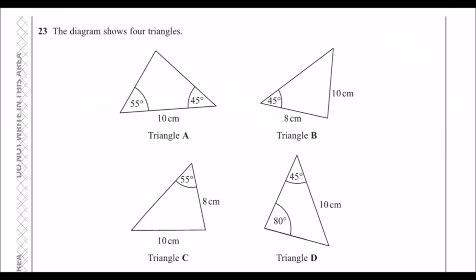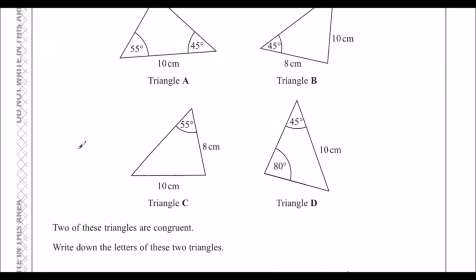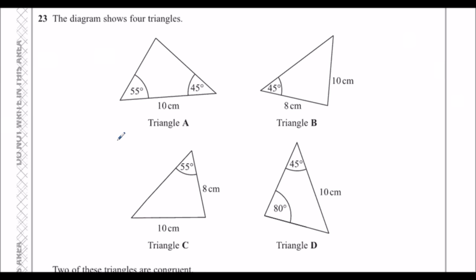Question 23. The diagram shows 4 triangles, so we've got 4 triangles drawn here. 2 of these triangles are congruent. That means they're identical, exactly the same. Write down the letters of these 2 triangles. So there are some rules for what makes triangles identical.